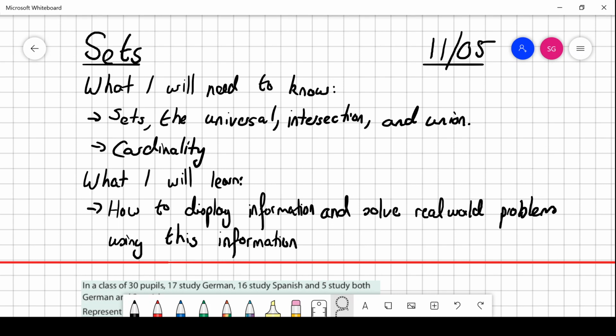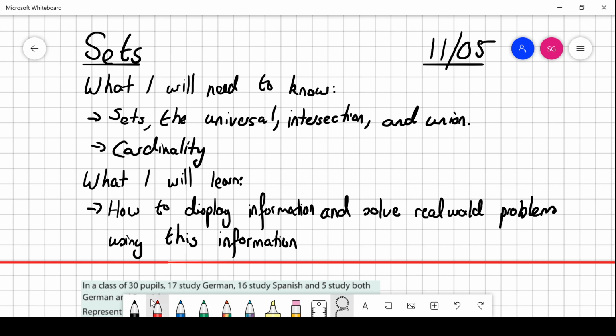Today we're going to be having a look at sets again. We're going to try to finish off this section. In order to do this section, you need to know sets, the universal, intersection and union, as well as cardinality.